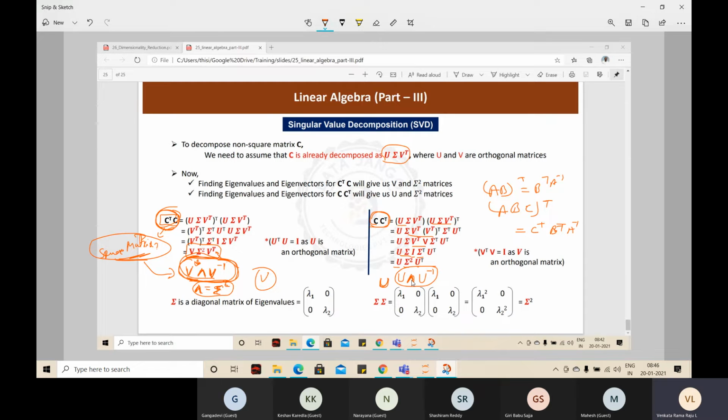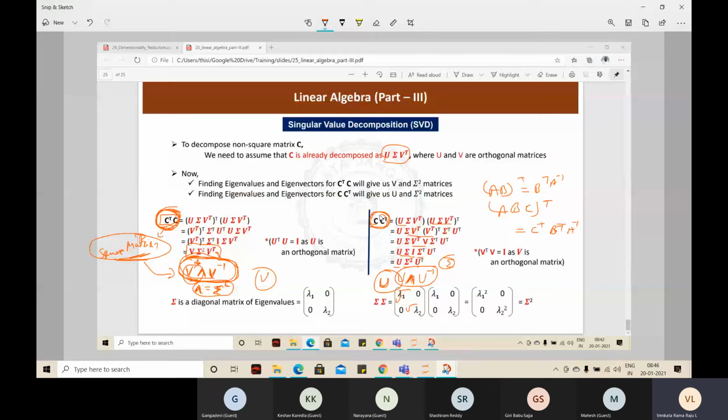Lambda is nothing but the square of your eigenvalues, so apply the square root to the values here, then you get sigma also. So you can find V, sigma, U by calculating eigenvalue decompositions of C transpose C and CC transpose. Done. Singular value decomposition is done.